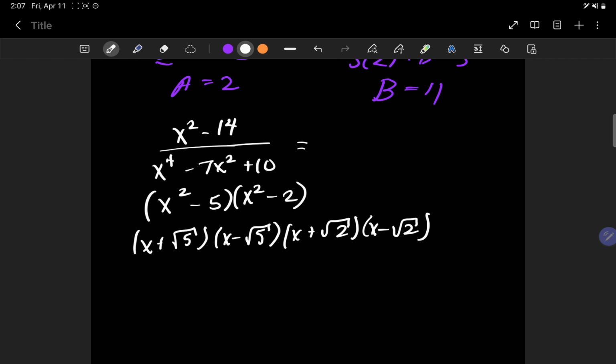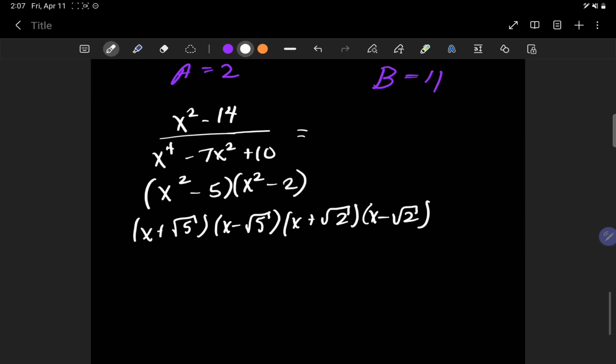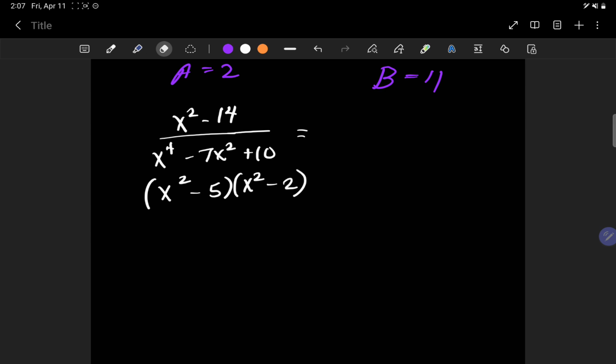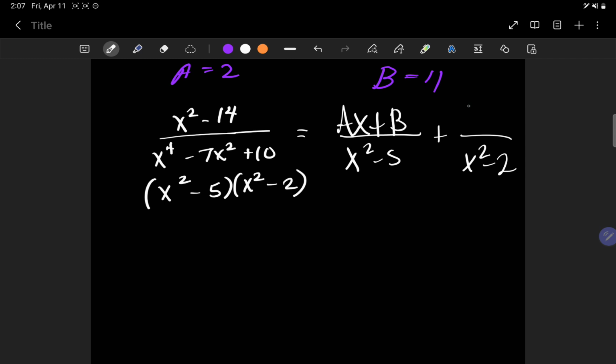So how would you do this one, before I even showed you this factoring? I would have just taken both those two things that we factored, x squared minus 5 and then x squared minus 2, and then up top it would be ax plus b and cx plus d.